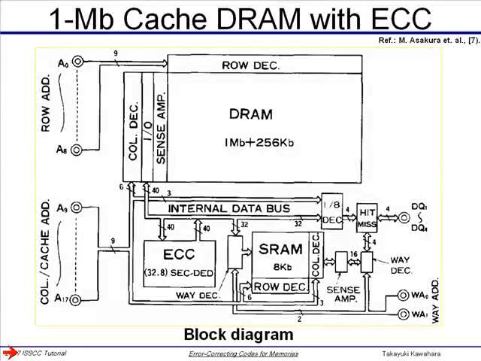And this is another example. This is a cache DRAM. The former one had ECC merged in the dynamic memory array, but this is ECC as a discrete one. Of course, on the chip, but a discrete one using the SRAM array.